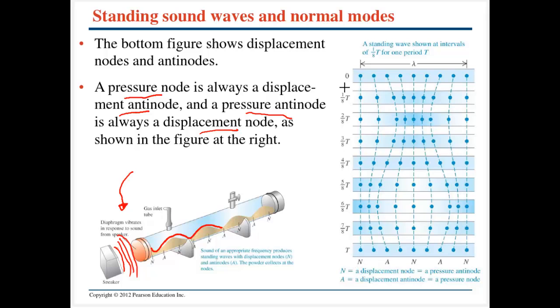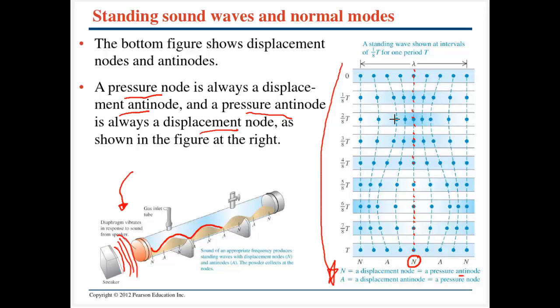We can see that looking at this conceptual example over here, where again, displacement nodes are going to correspond to pressure antinodes. If we look at, say, this displacement node right here, this particle is not moving to the left or right at any given time. Therefore, it's going to be a displacement node.